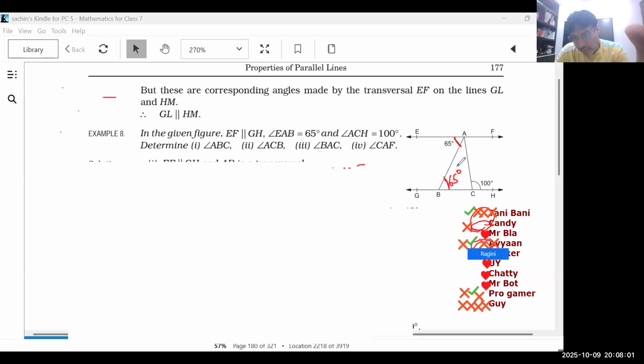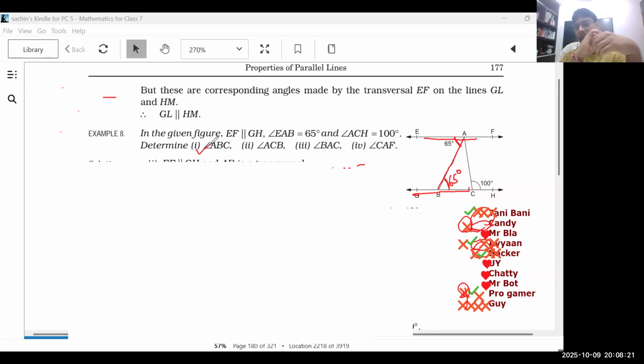What's the reason? Why is it 65? Sir, the alternate, they are alternate interior angles.